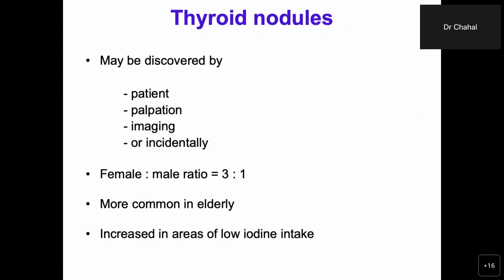If it's very large, patients will feel it, or you will feel it, but most of these are picked up incidentally. More common in female patients rather than in male patients, more common in the elderly. And we do know in patients who are in low iodine uptake areas where their food isn't fortified with iodide, they may be at risk of thyroid nodules.